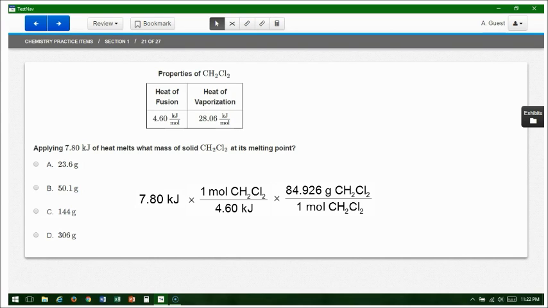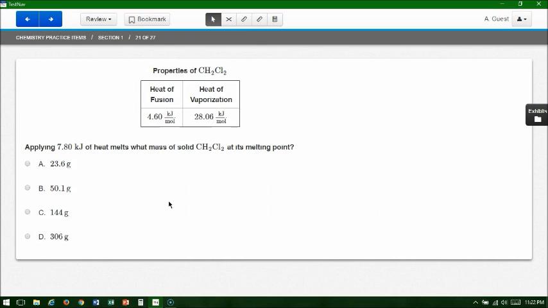So the math we're doing to go from kilojoules all the way to grams is 7.80 divided by 4.60 times 84.926. And if we do this math, we get 144 grams of CH2Cl2. And so the correct answer to this question is C, 144 grams.